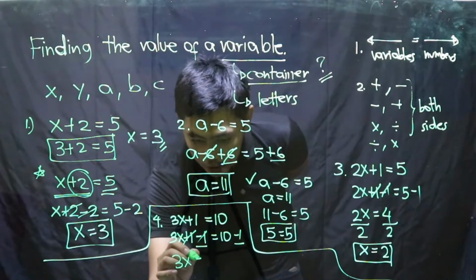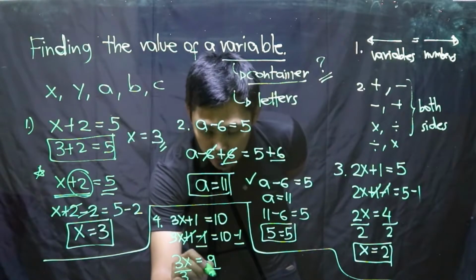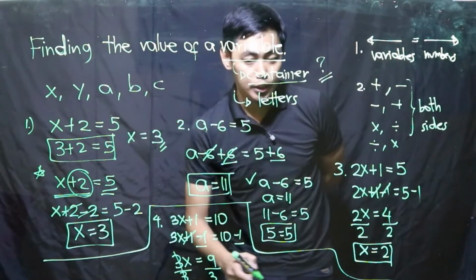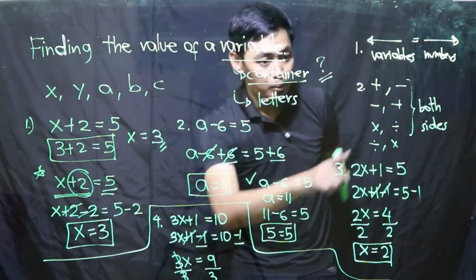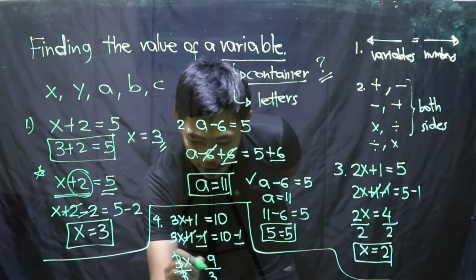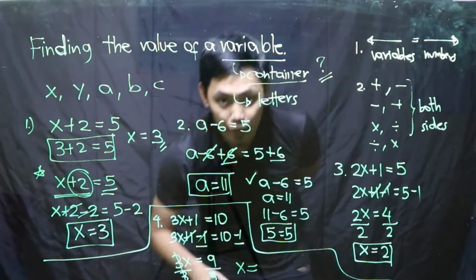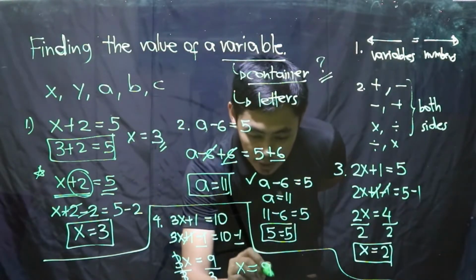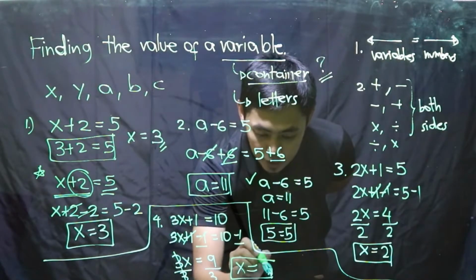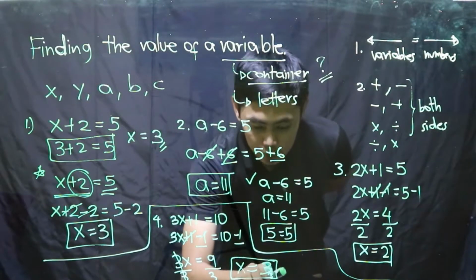So 3x is equal to 10 minus 1, 9. Over 3, over 3. This means we divide by 3 on both sides because 3 and x are multiplied. So the answer is x is equal to 9 divided by 3, that would be 3. I'm sorry, 3. So that would be our answer.